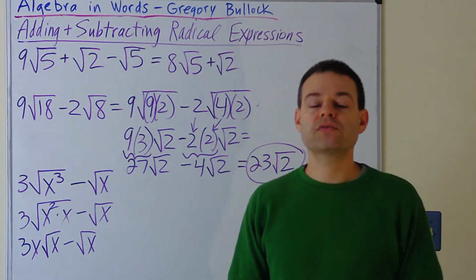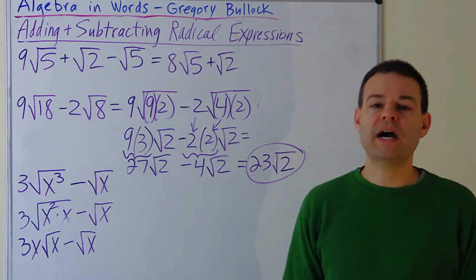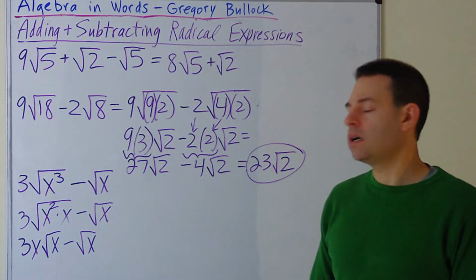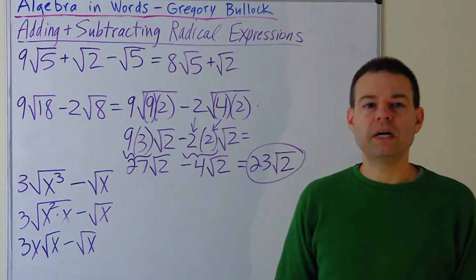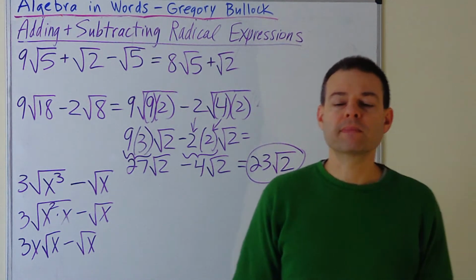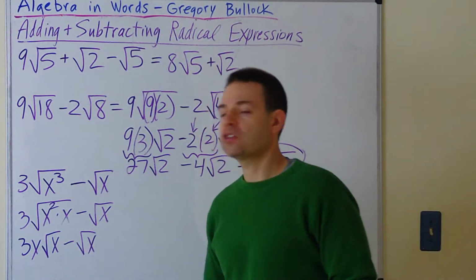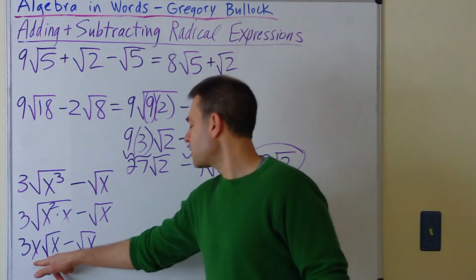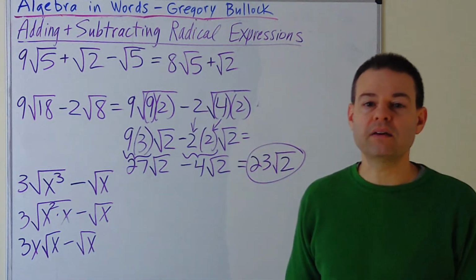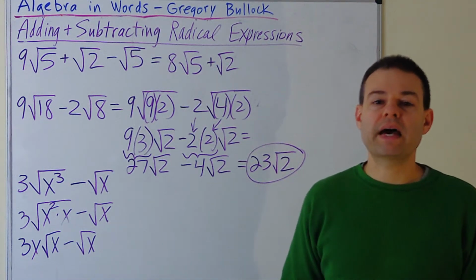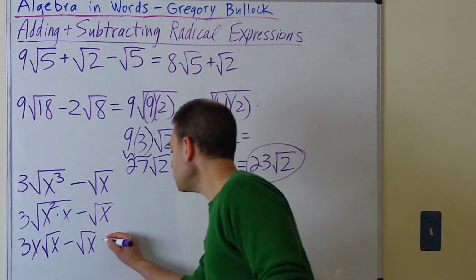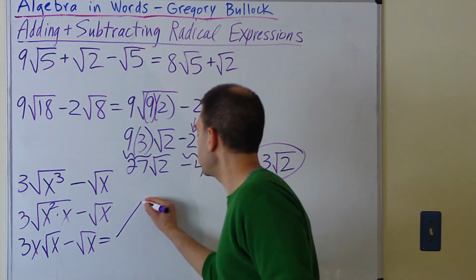But now we have an interesting situation because now we do have like radicals, but can we do anything with them? Now what we're supposed to do is subtract the coefficients. So since this is 3x and this is basically -1, let's just write that out as if we were to do that. So, and let's do that up here.